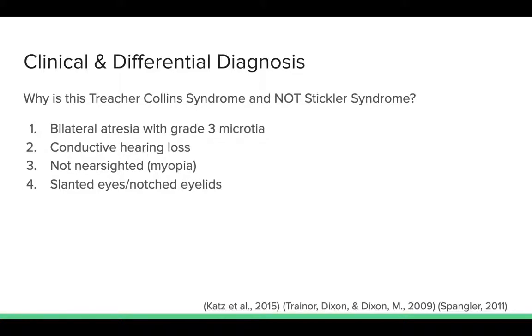Yes, they both do have flattened facial features, but as far as the slanted eyes and the malformed pinnas, this could be a way to differentially diagnose a patient. But at the end of the day, it's important to do genetic testing to really make sure which one it is, since they can both present with very mild symptoms.